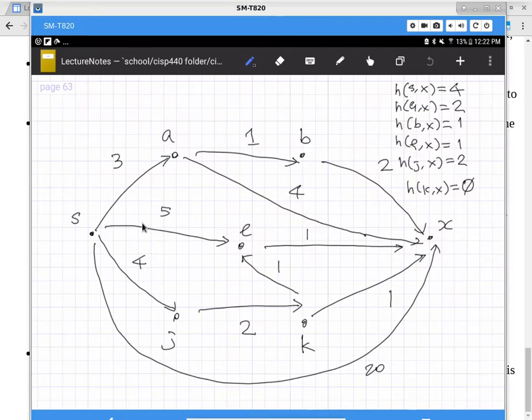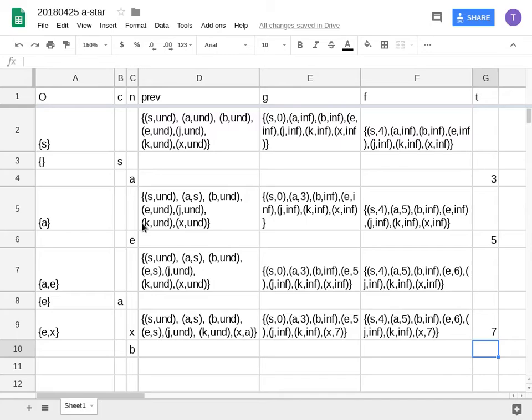Okay, cool. And looking at the trace, g of a is 3. 3 plus 1 is 4. So in this case, your t equals 4.